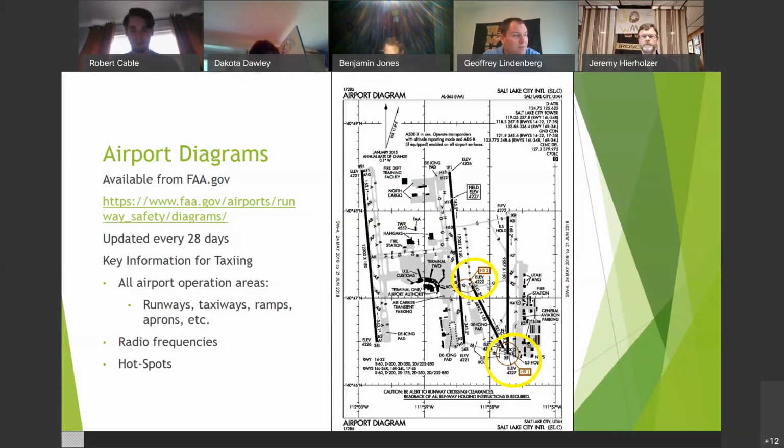So the risk is this is a hotspot because they're afraid people are either going to turn on this taxiway L1 and end up on runway 14/32, or they're coming down and end up turning onto this closed taxiway. For whatever reason, it's a pretty confusing intersection. They want to make sure that you pay attention to that when you're studying the airport, when you're taxiing. So that kind of information.